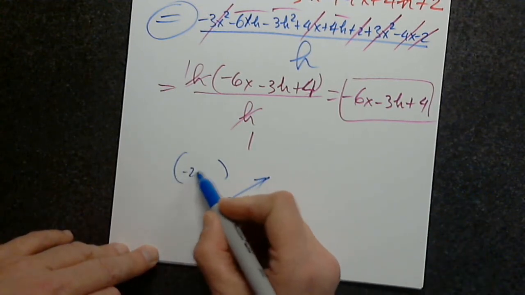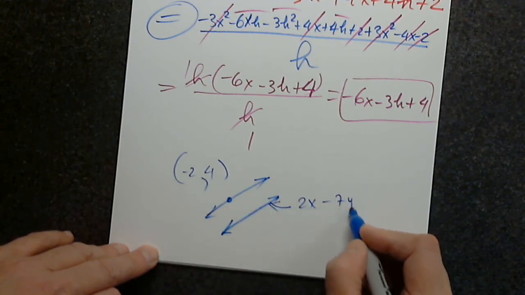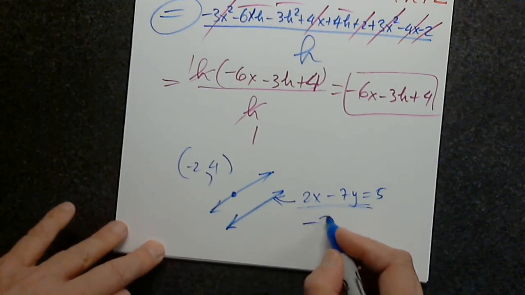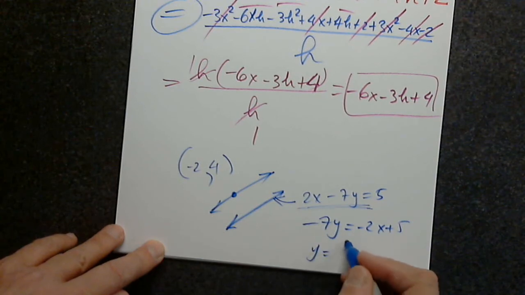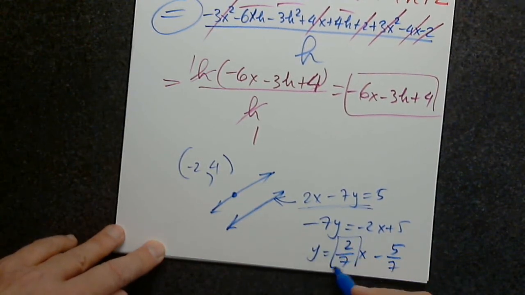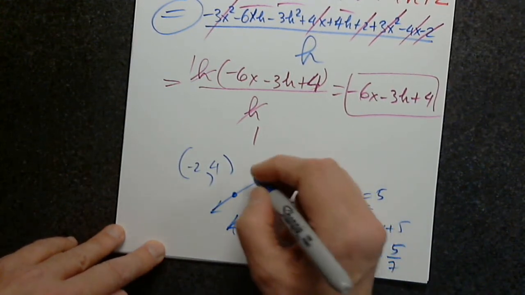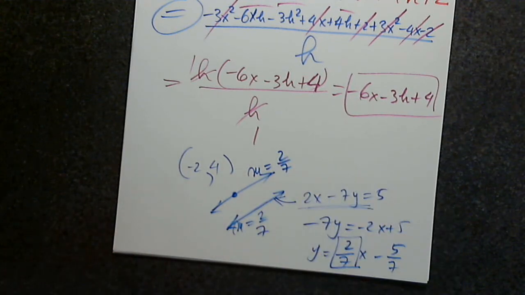Negative 2, 4, and the equation is 2x minus 7y plus 1. Perfect. I still have to solve for y. Negative 7y equals negative 2x plus 5, or y equals 2 over 7x minus 5 over 7, because I need the slope of this line, which happens to be the slope of this line, because they are parallel.